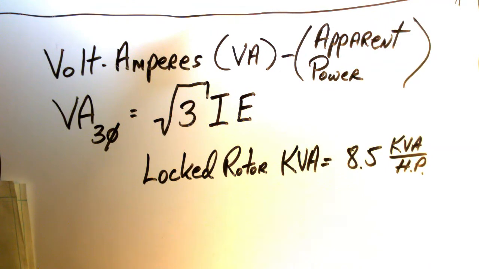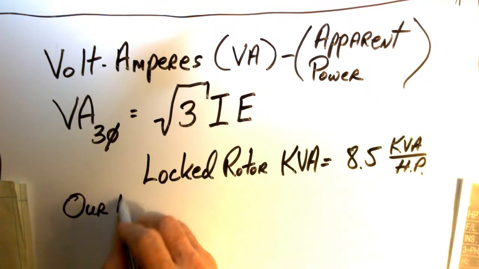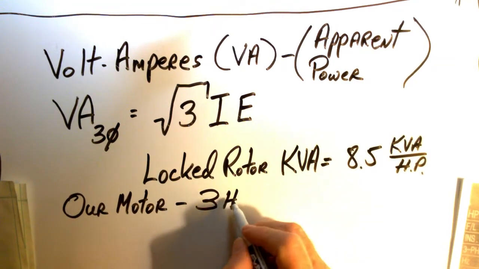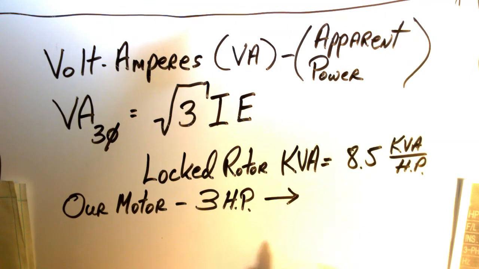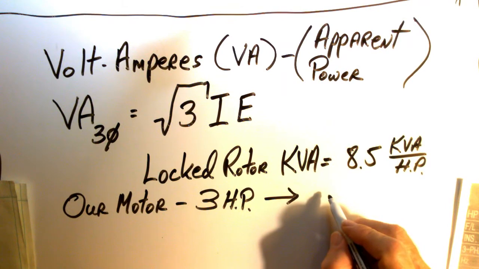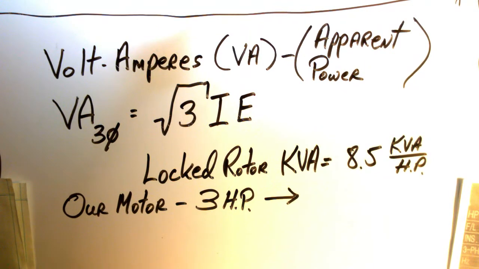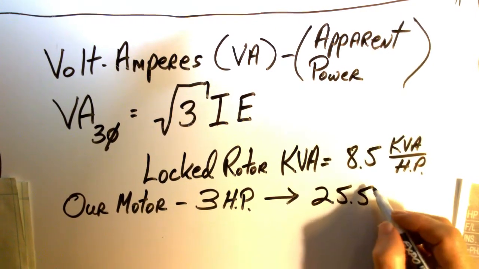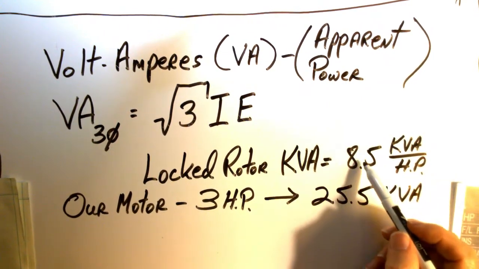Now then, our motor is 3 horsepower. So the locked rotor kVA will be equal to 25.5 kVA, and that comes from multiplying 8.5 by 3 horsepower.